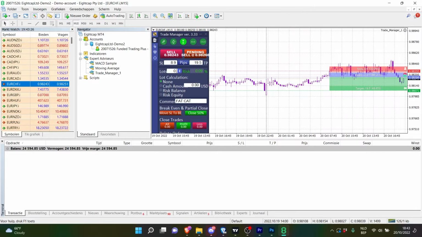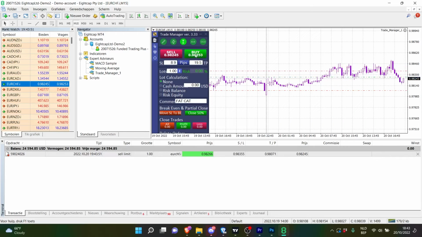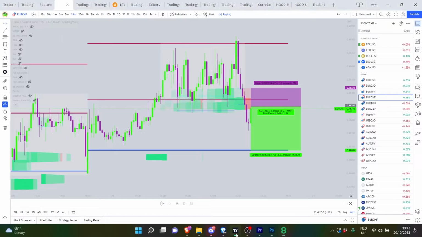So we're going to increase this to 0.5. Still too small. One lot. I like my risk around 0.3, so trades don't really impact the account. So it's only in the long run we will be profitable, so we don't experience too much drawdown and turbulence. So let's put a pending order here and let's move on.